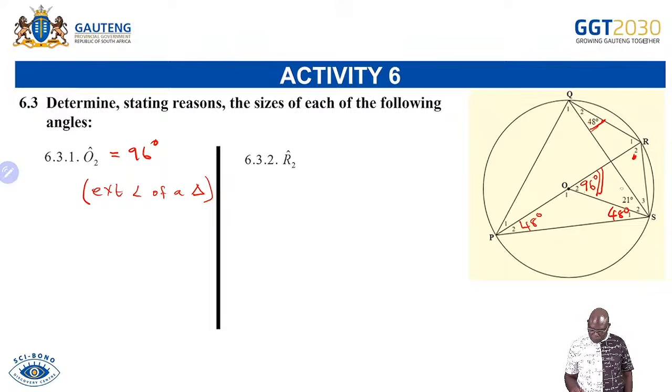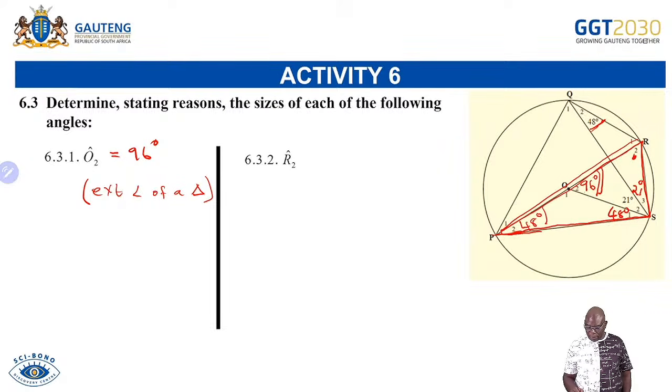Because this whole thing will be 90. So S2 will be 21 degrees. So I know that that angle here, this angle there, it will be the sum of angles in a triangle.